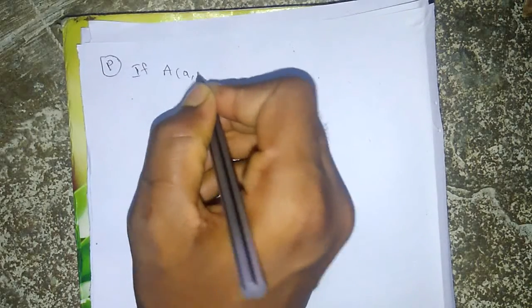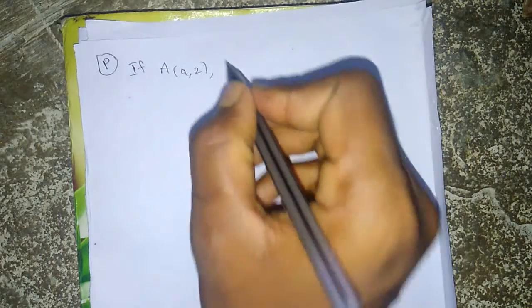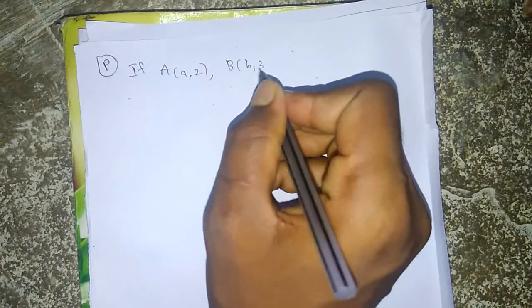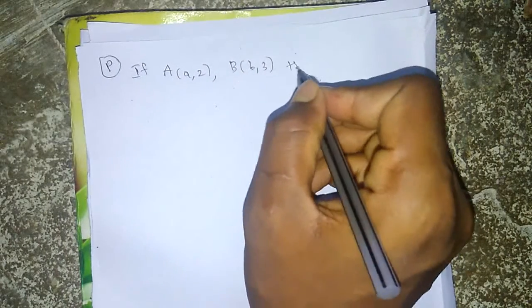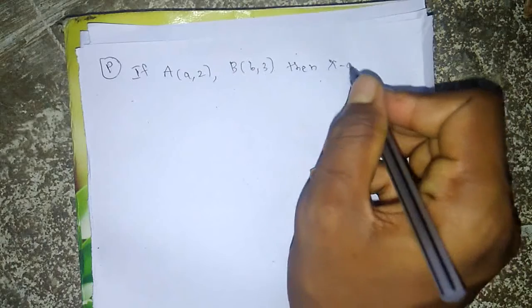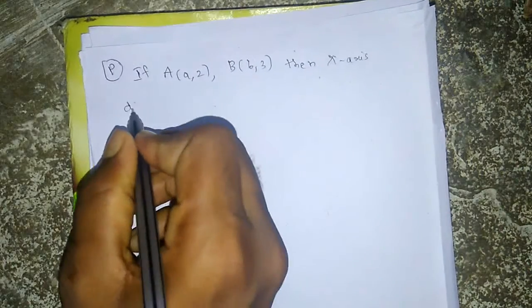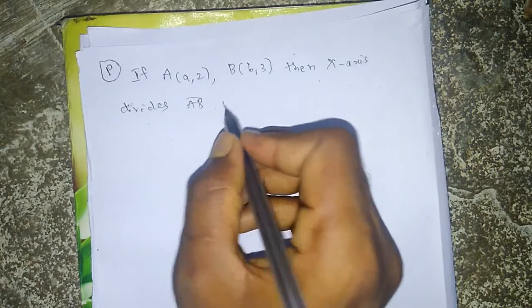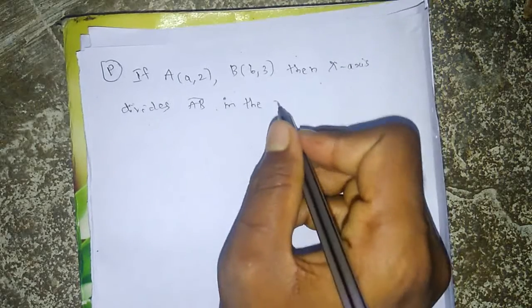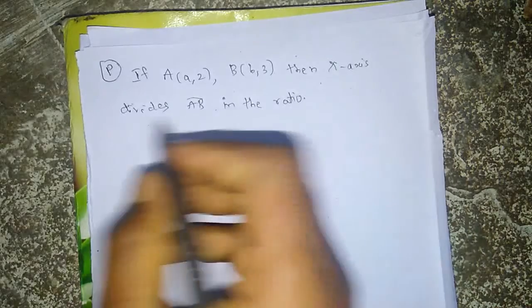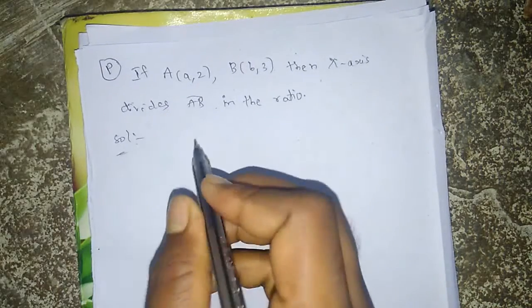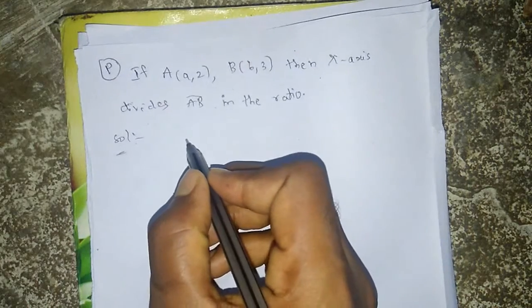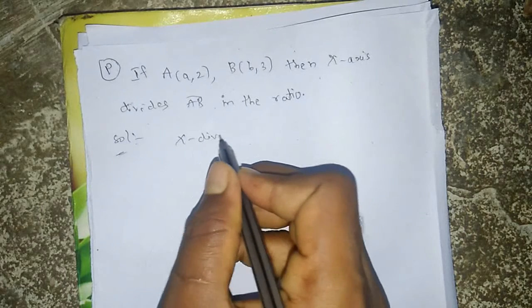Our next problem is, if A is (a, 2) and B is (b, 3), then the x-axis divides AB in the ratio... So the x-axis divides in the ratio.